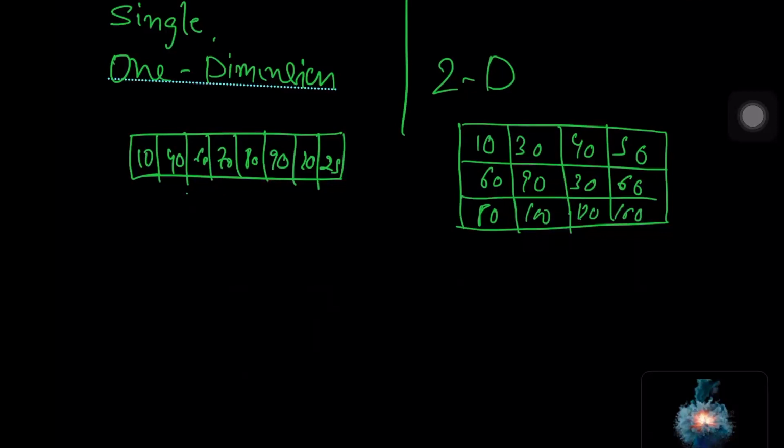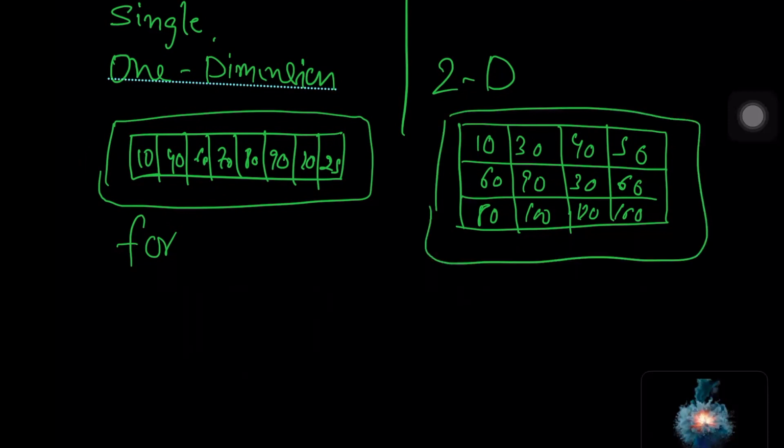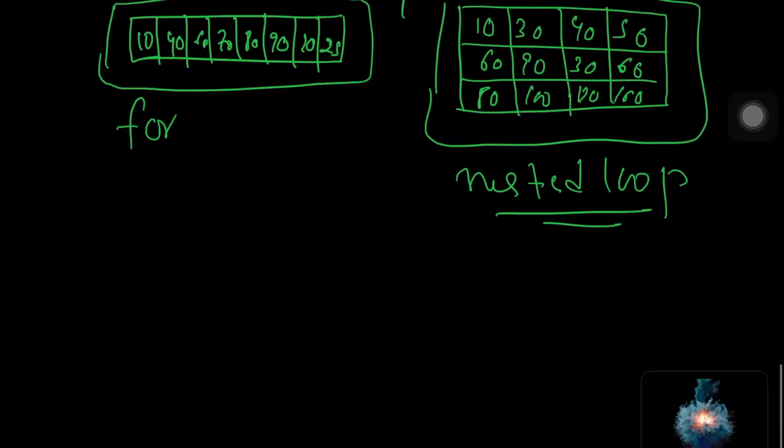The only thing is that to access or manipulate or perform any operation on this array, we need a loop: for loop, while loop, do while loop, whatever loop. A single loop is fine. To work on this 2D array, we need a nested loop. Clear? Okay. So we are not talking about 2D array right now. We'll focus on the one dimensional array, the 1D array.